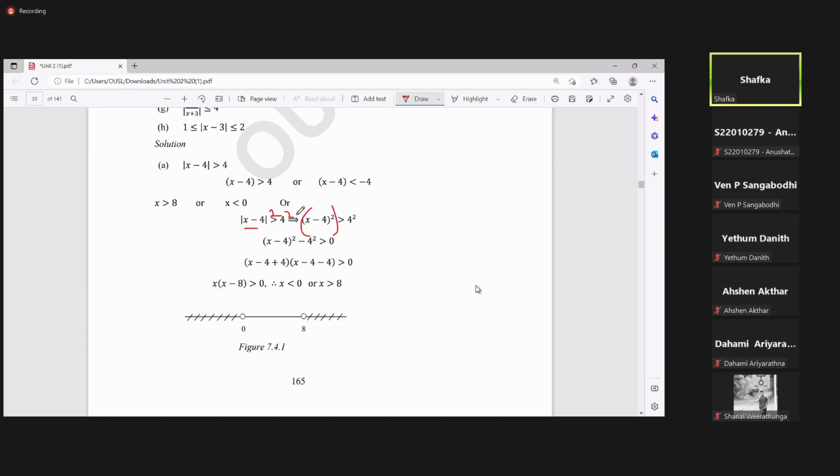If x minus 4 whole square is greater than 4 square, then x minus 4 whole square minus 4 square is greater than 0. How to get the factors?